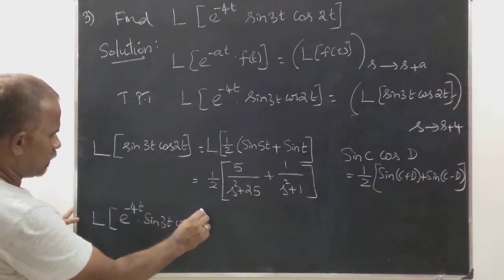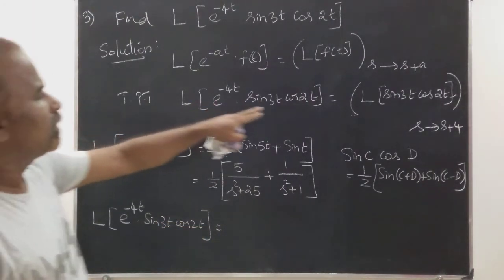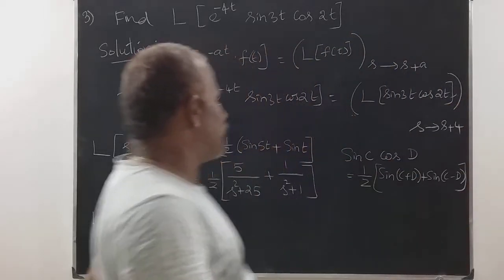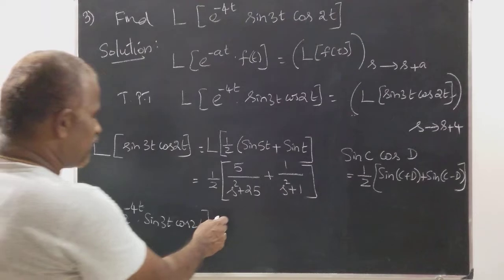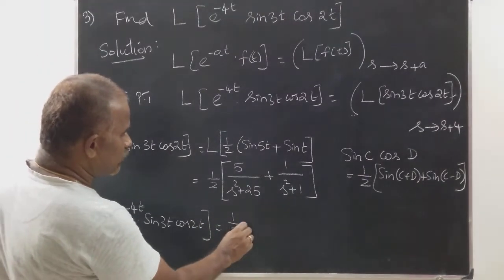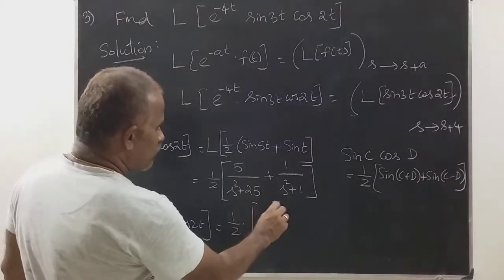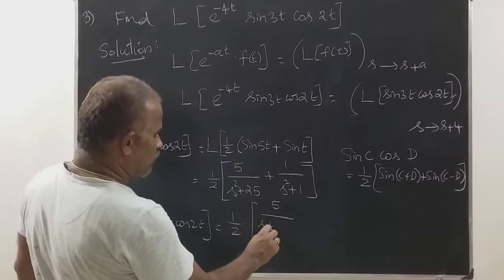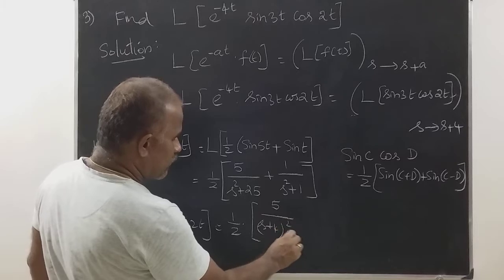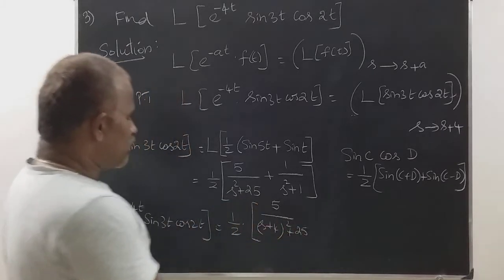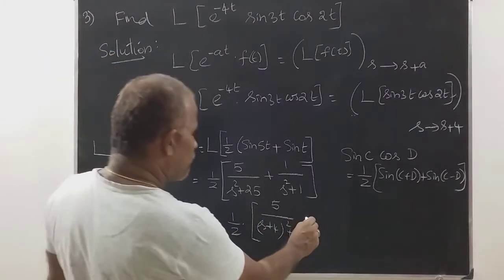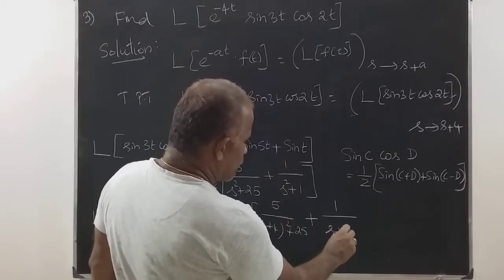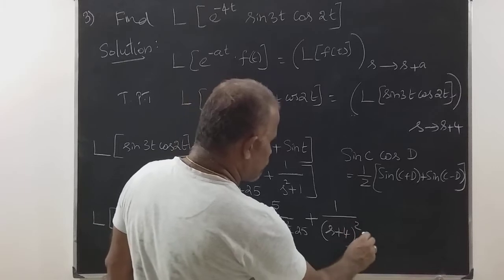cos 2t is equal to L of sin 3t into cos 2t, and s is replaced by s plus 4. So therefore 1 by 2 into 5 divided by s plus 4 the whole square plus 25, plus 1 divided by s plus 4 the whole square plus 1.